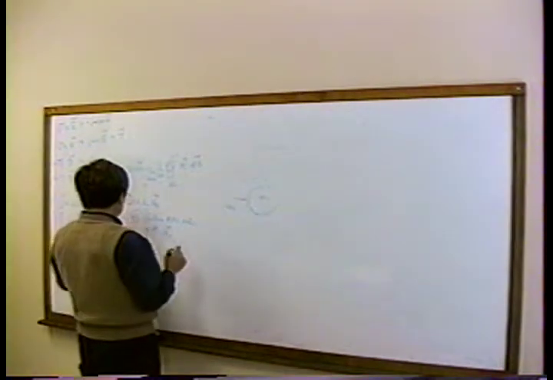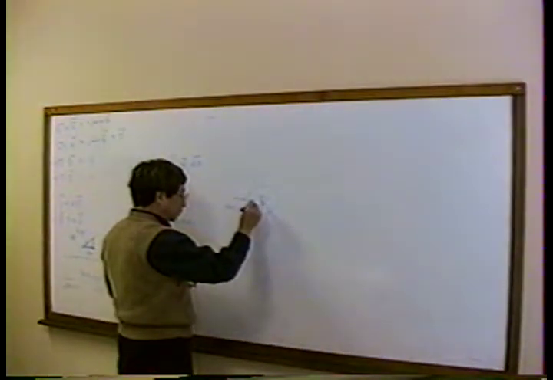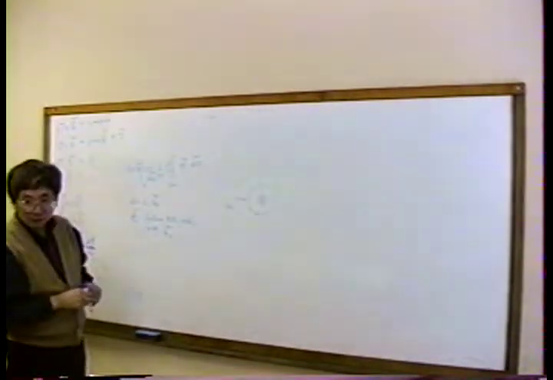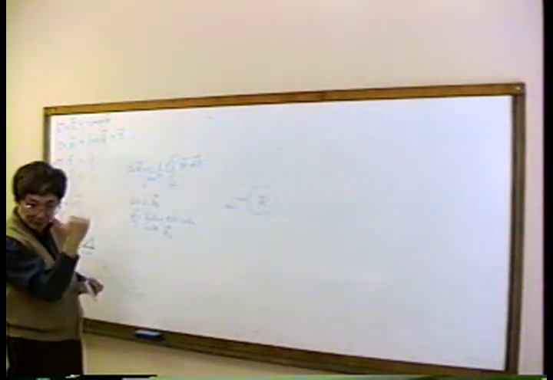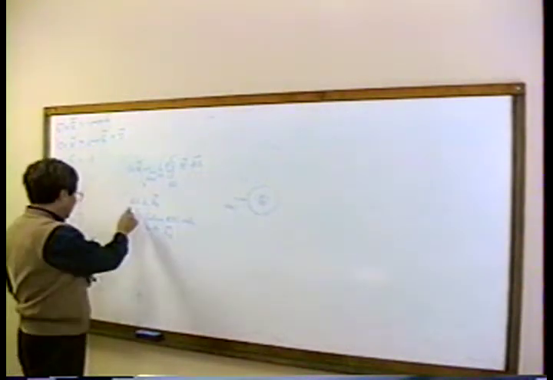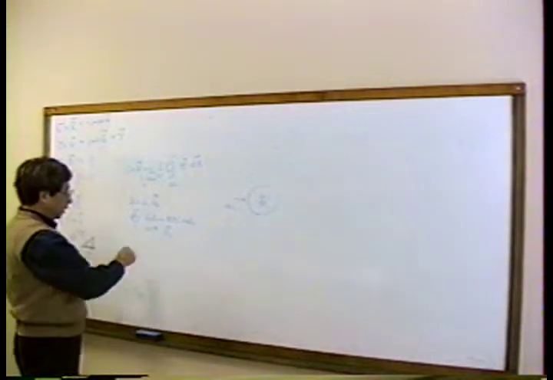So delta S is perpendicular to AX, so the AX must be coming out of the blackboard or going into the blackboard. Let's say coming out of the blackboard. Okay, X in this direction. This line integral follows the right-hand rule with AX.